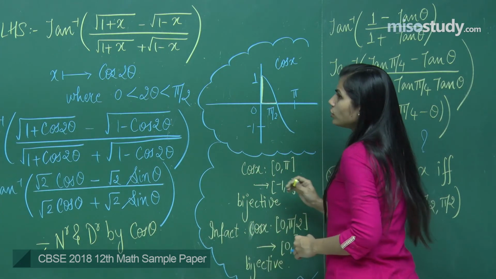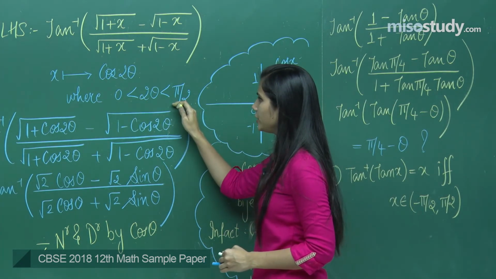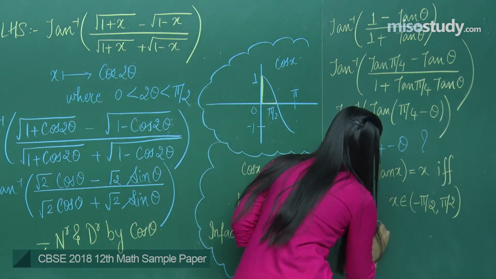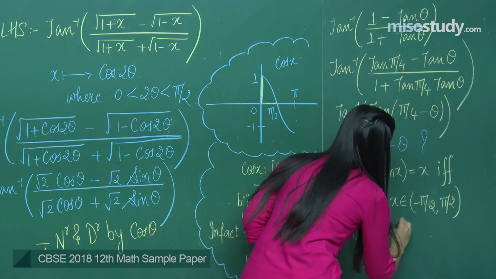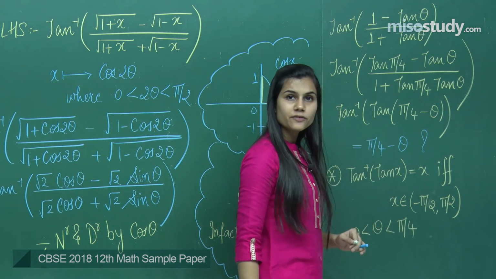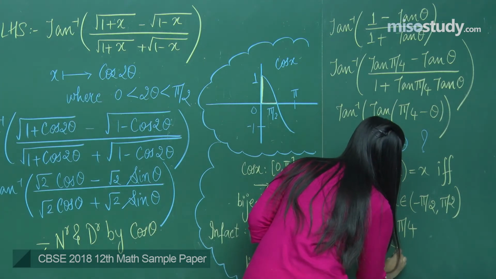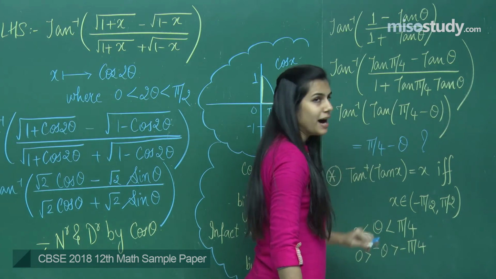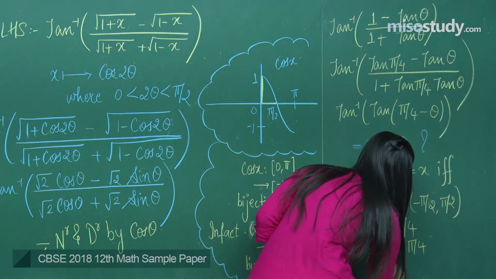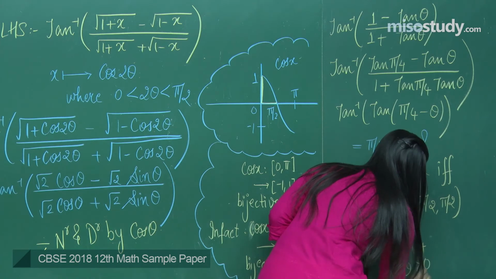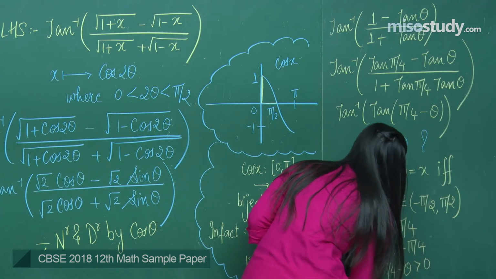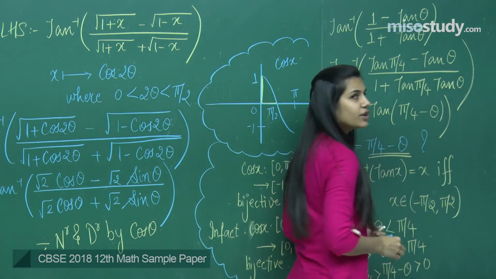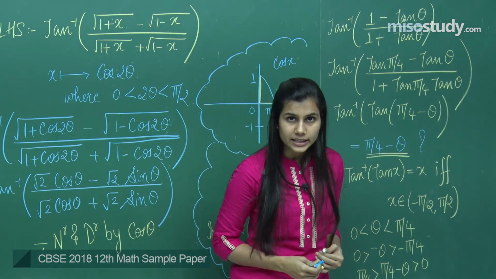Now, if 2 theta is coming from 0 to pi by 2, theta is coming from 0 to pi by 4. And if theta is coming from 0 to pi by 4, minus theta is coming from minus pi by 4 to 0. So, pi by 4 minus theta is coming from 0 to pi by 4. Pi by 4 minus theta is ranging from 0 to 45 degrees.